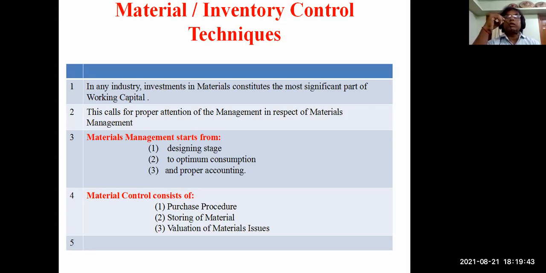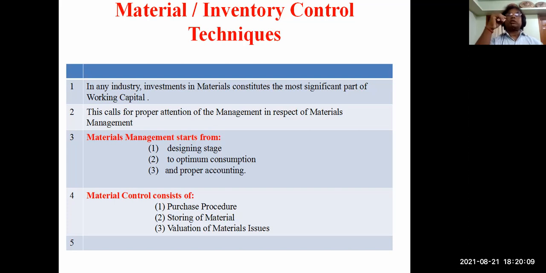So valuation of material issues. Some other teacher is teaching this, I think. There are a lot of systems, methods. Actually, I'm not taking that right now in this topic, but still I am just telling you to make the concept clear. One is FIFO, first in, first out. While pricing the material issues, you can take first in, first out.